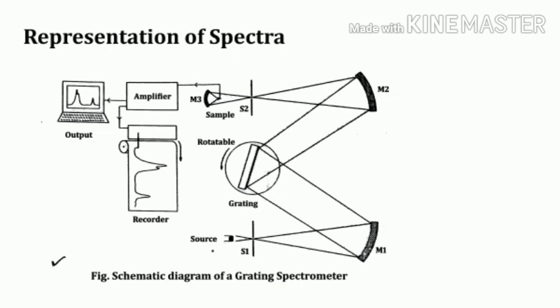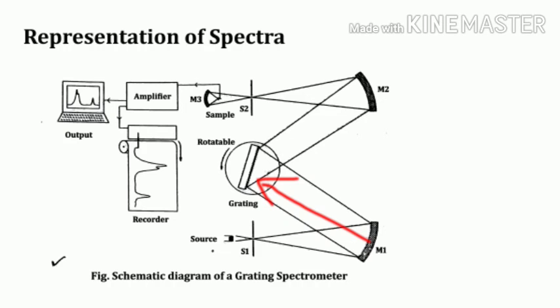As shown in the figure, radiation from a source is passed through narrow slits S1 and S2. In between S1 and S2, a rotatable grating is placed, and with the help of mirror M1, a parallel beam of radiation is reflected onto the grating.